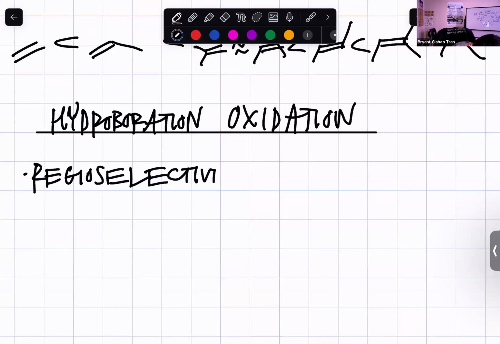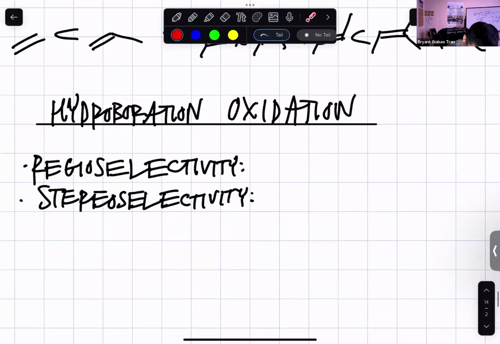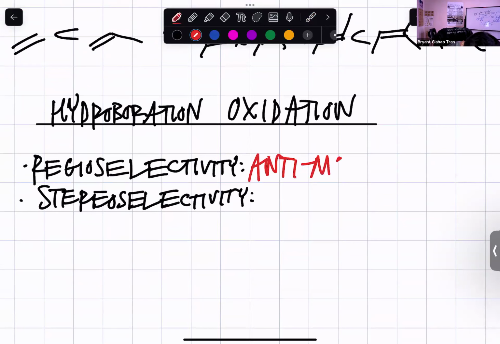And we could talk about the stereoselectivity of this as well. The regioselectivity of this reaction is going to be an anti-Markovnikov reaction.